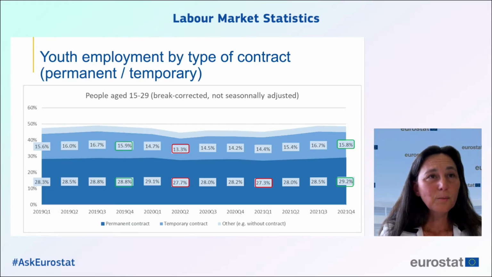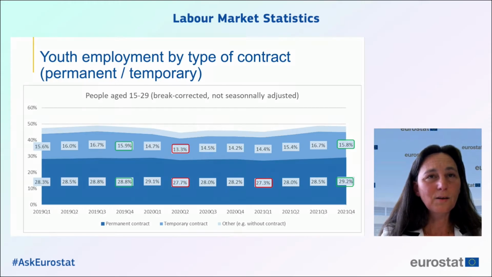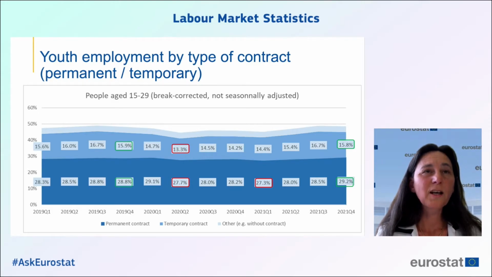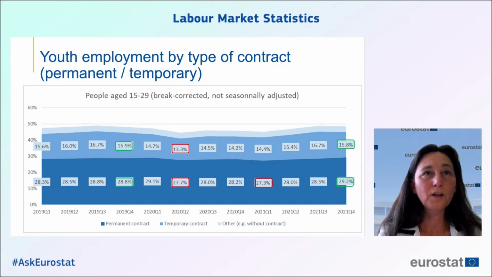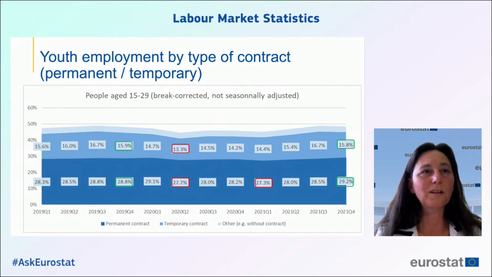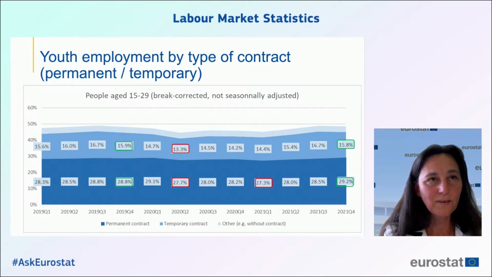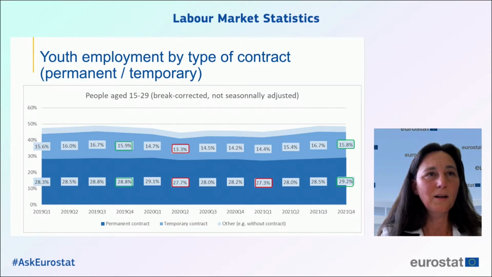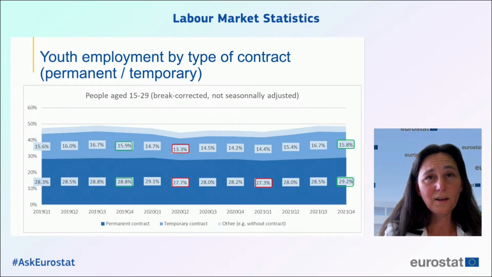So here, what is important to show is the share between these two groups, and to see, like Anna also mentioned, the shock due to COVID for the young people with a temporary contract. So we can see, if we compare the situation pre-COVID, especially in Q4 2019, we have nearly 16% of young people being employed with a temporary contract, and this percentage fell to 13%.